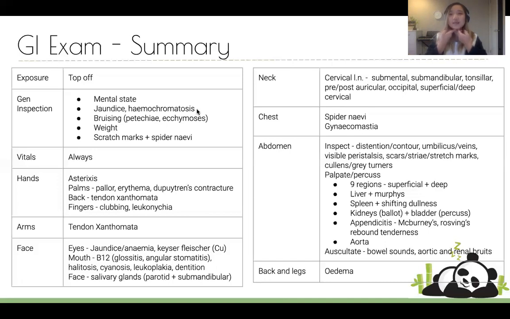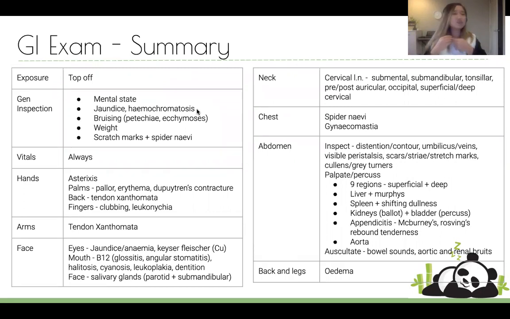Like that. And then submandibular over here, under your mandible. Tonsillar a little bit further along. Pre- and post-auricular, in front of and behind your auricle or your ear. Occipital is always the back, right there. You can feel a little bit of a notch. And then your superficial and deep cervical. So your superficial cervical, you can feel along here like that.